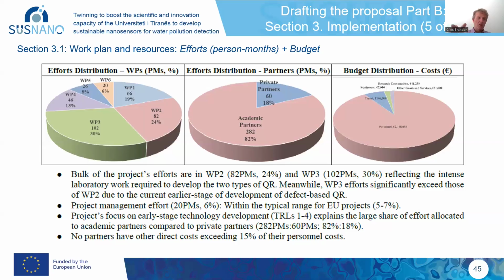That's for research and innovation action and innovation action. On the other hand, if you're doing a coordination support action and you have specific activities like organizing conferences, workshops, this kind of thing, then quite possibly the percentage might go above 10%. But if that's the case, make sure you write concisely some words to explain why it's a relatively high allocation of resource for that purpose. If you do that, you'll then be on safe ground.